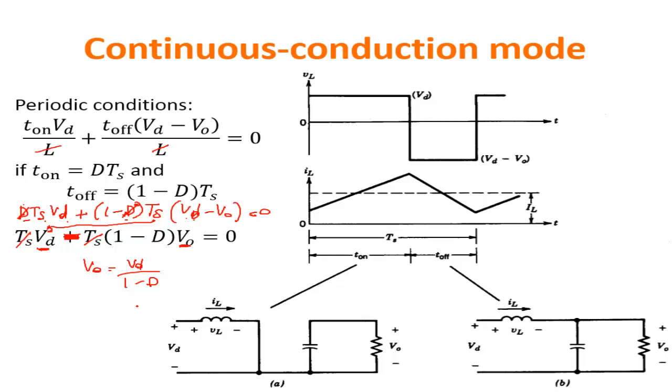Again, the output voltage is equal to the unregulated input voltage divided by a quantity which only depends on the duty cycle. And of course, you can see that by construction, the output voltage is larger than the input voltage. This is required because the current has to decrease for some time, and if the current decreases, it means that the output voltage is higher than the input voltage.